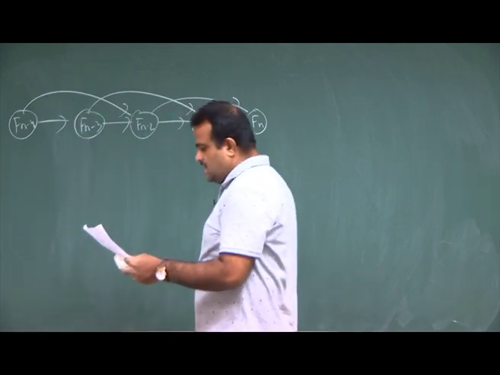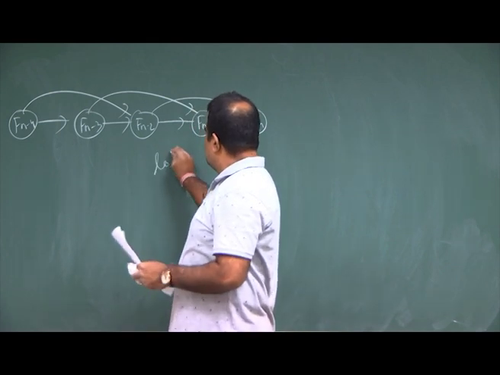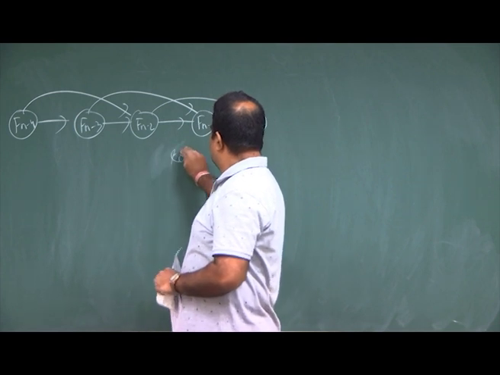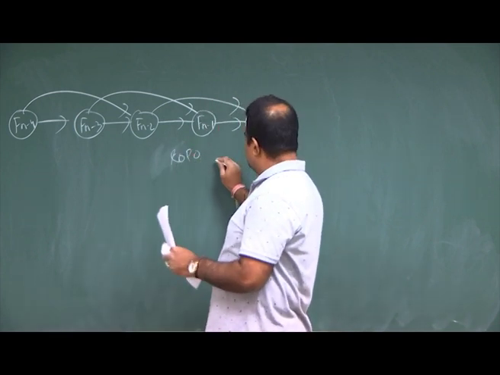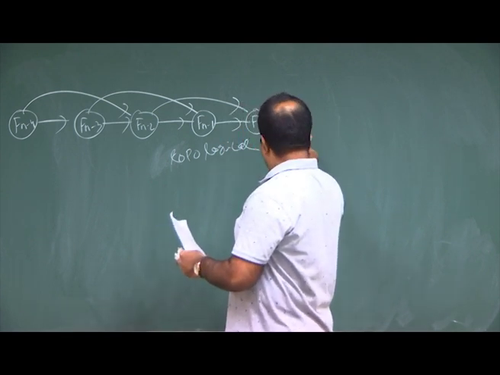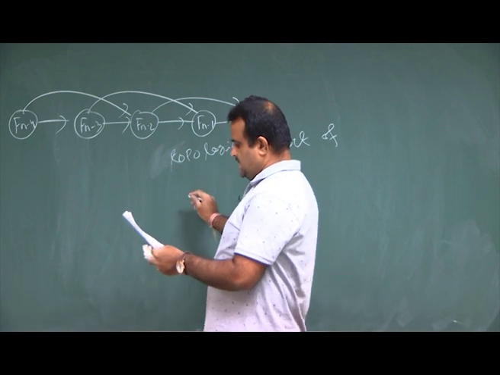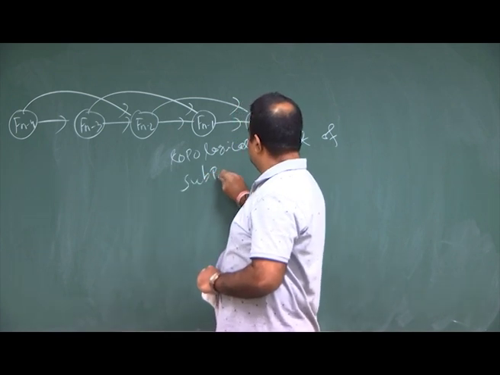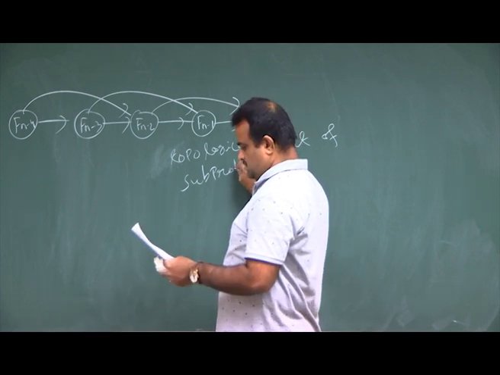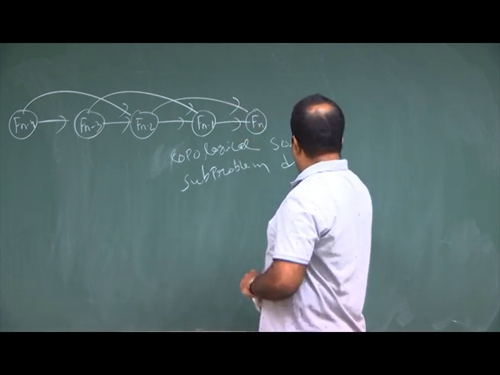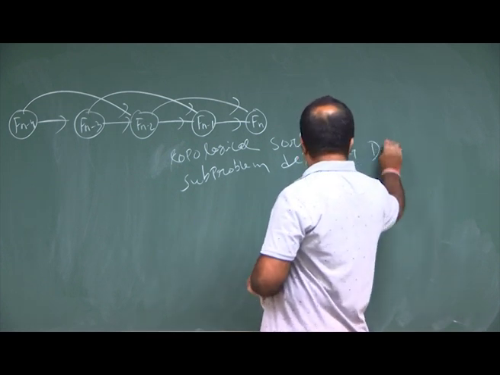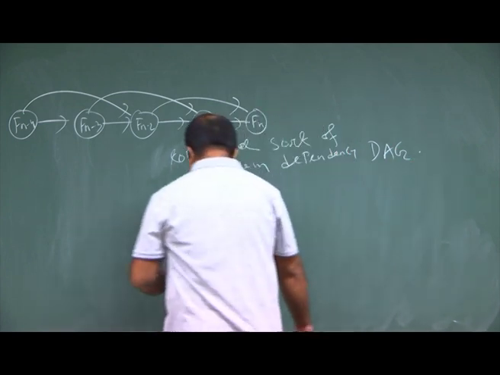So, this is basically a topological sort of subproblems. These are the subproblems dependency graph, a dependency acyclic graph.